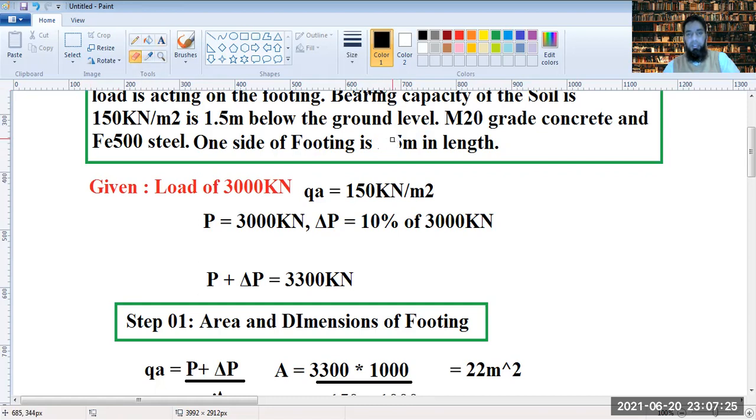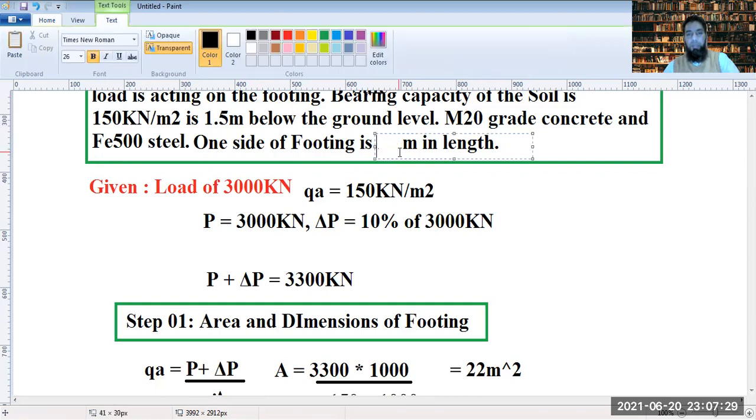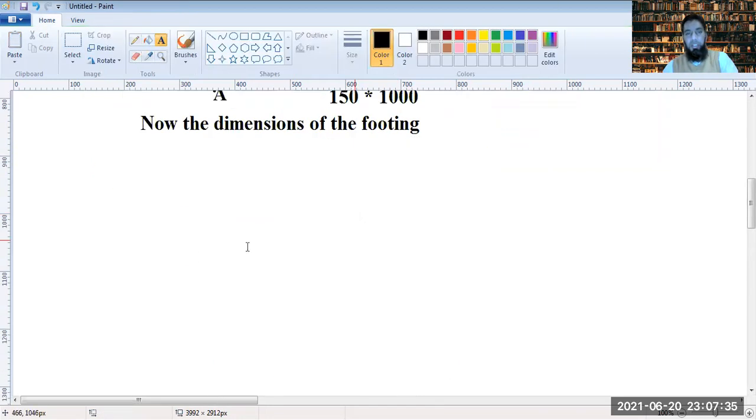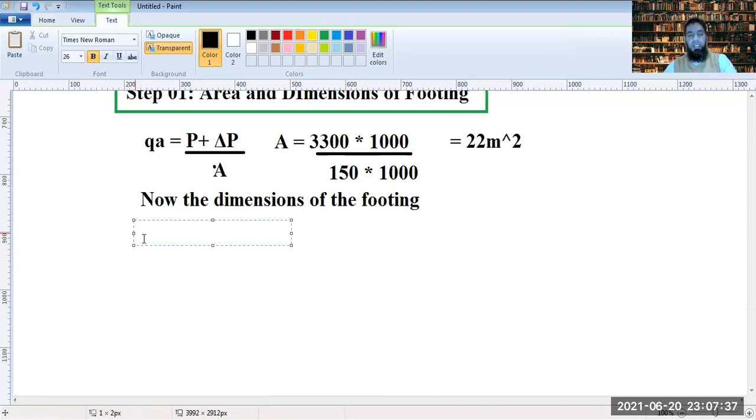Let this be restricted to 4 meter, one of the sides, just in order to make a rectangular footing.